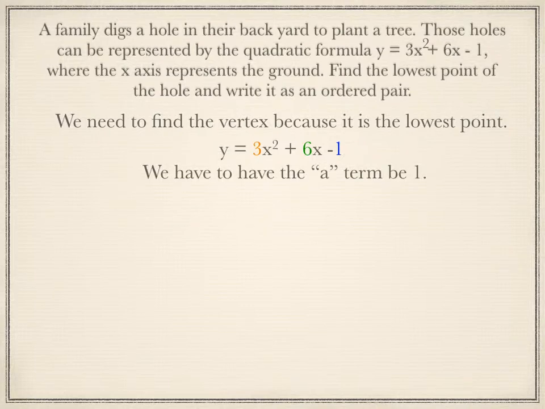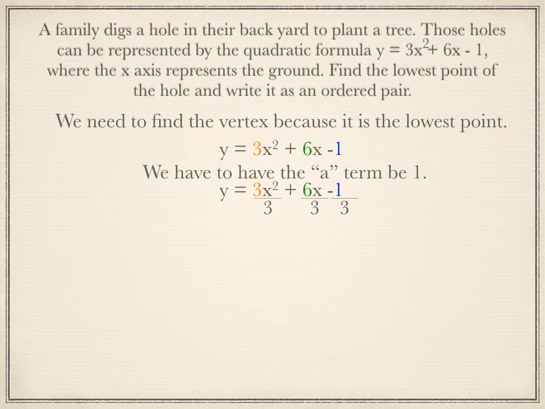Now we have to have the a term be 1 in order to find the x of our vertex. So in order to do that, we've got to get rid of the 3 and turn it into a 1. So 3 divided by 3 would be 1.